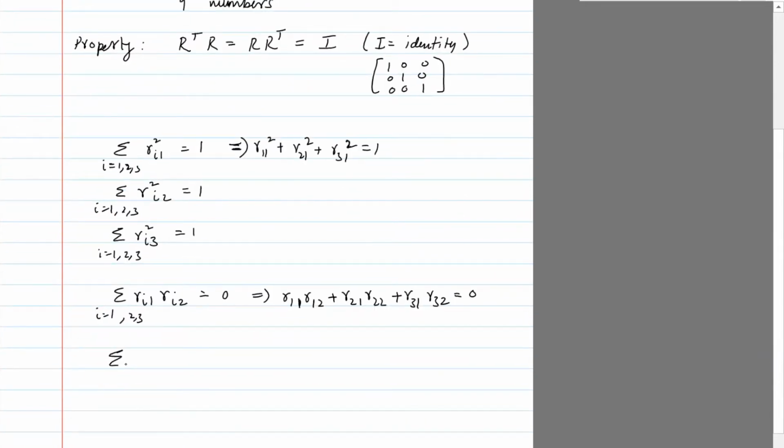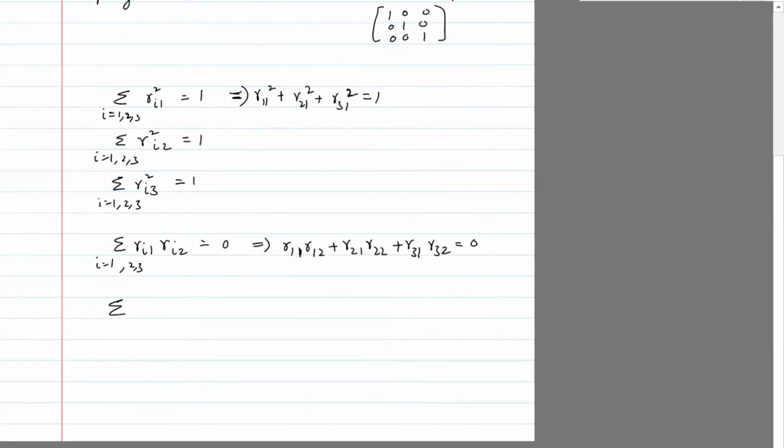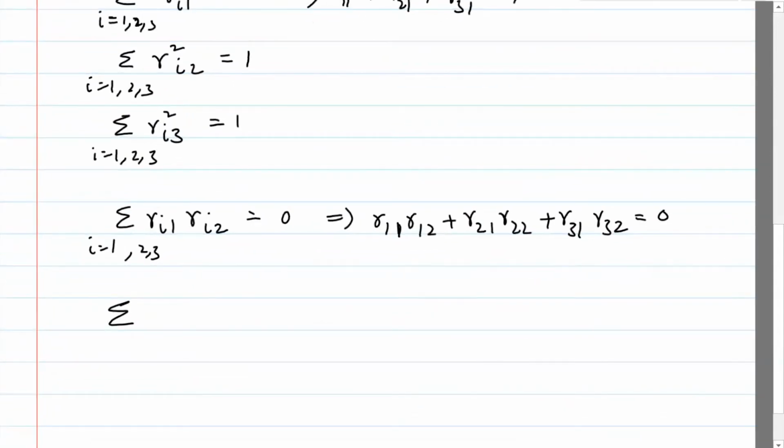And so similarly, we can write Ri2 Ri3 equals 0, where I goes from 1, 2, and 3, and then the summation Ri3 Ri1 equals 0, where I goes 1, 2, and 3.